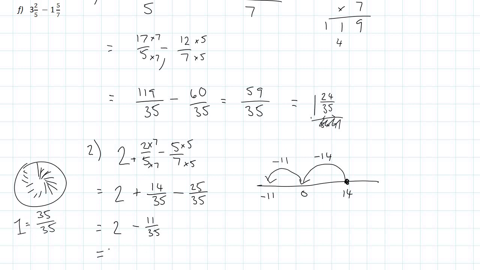So I'm going to write this as 1 whole unit, and then the other one is 35 bits out of 35. And now I can take away my 11/35, no bother. So I've got 1 and 24/35. Same as before.